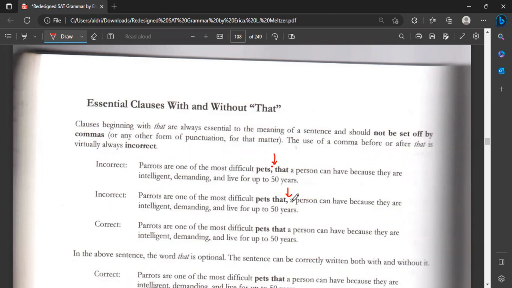Why should we make a pause right in the middle of a sentence? "Parrots are the most difficult pets that, that what?" You know what I mean? That comma shouldn't be there because it's an improper use of a comma. So let's take out both commas before and after, and just leave the sentence as it is. "Parrots are one of the most difficult pets that a person can have because they are intelligent, demanding, and live for up to 50 years."